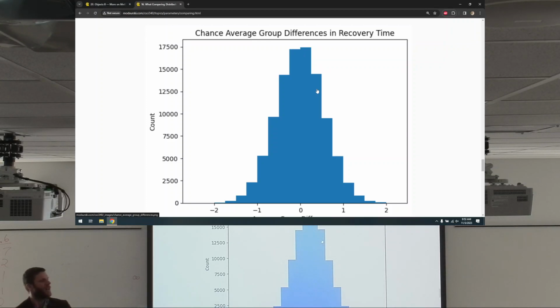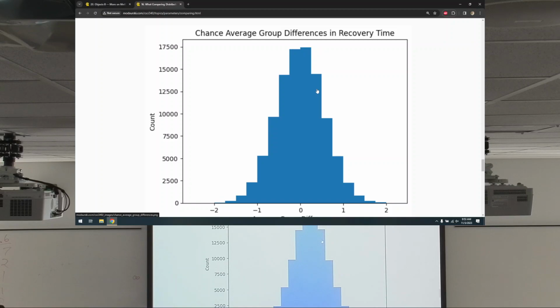So by splitting the 100 people into two groups of 50 a million times, we have generated a million observations of what you would expect the difference in the average recovery times of the two groups to be by dumb luck. This is our dumb luck distribution.